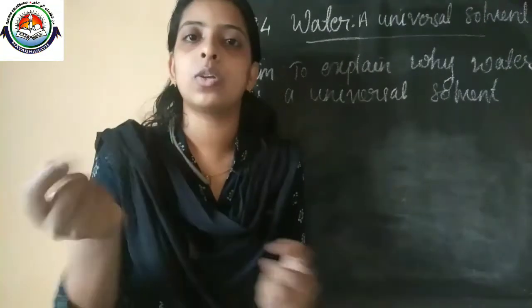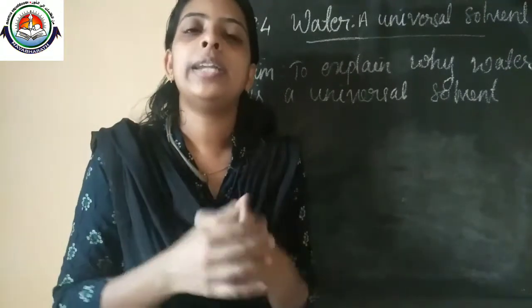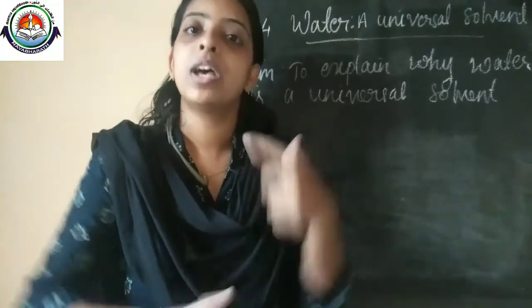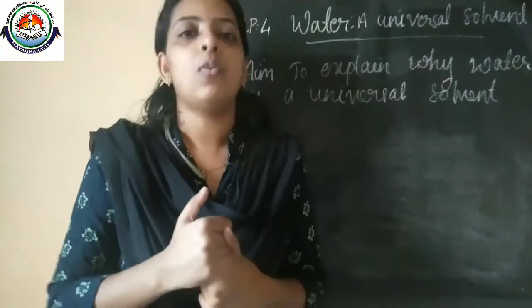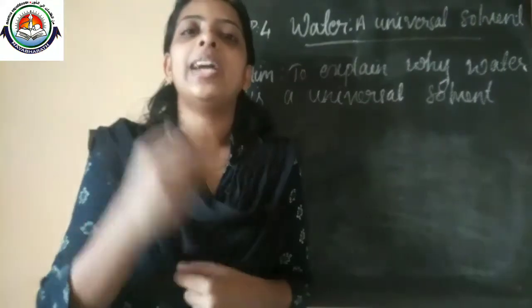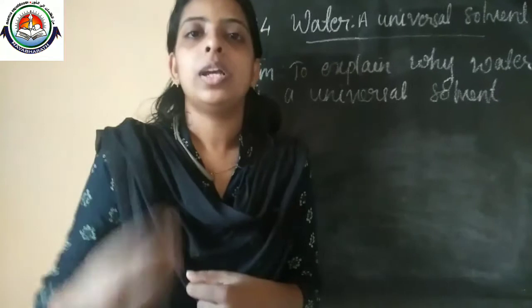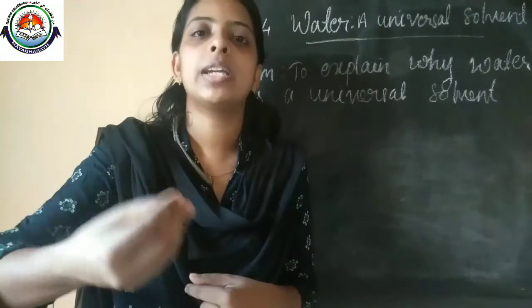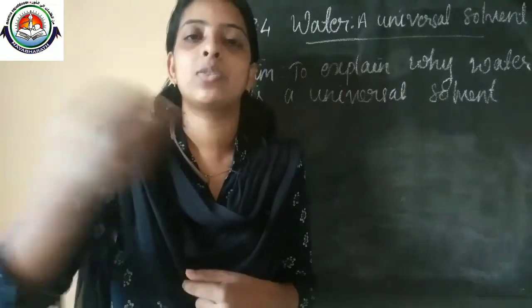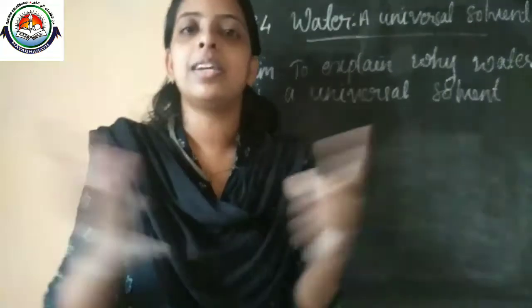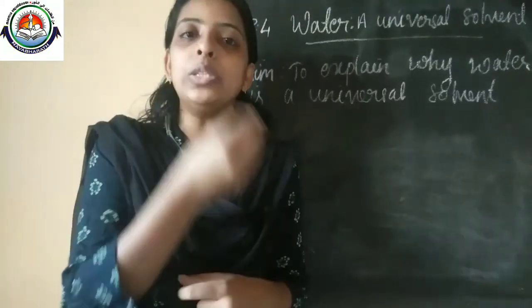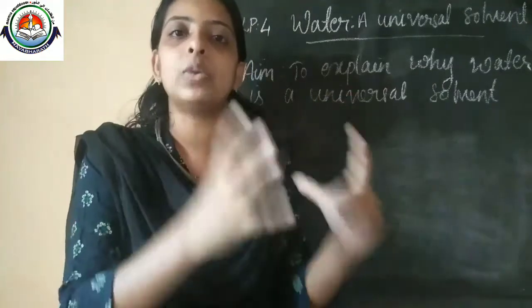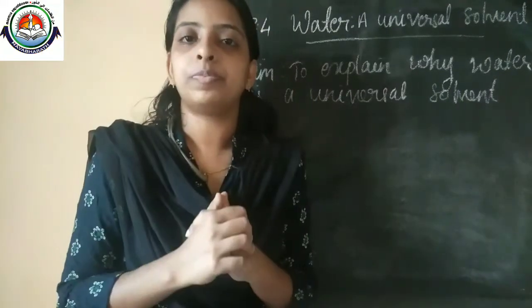And when we are using hand wash for washing our hands, we also use water. When cleaning plates there are also liquid detergents like Pril and Exo dishwash, like we see in advertisements. So in all those cases we are using water, and that liquid is dissolved in water.